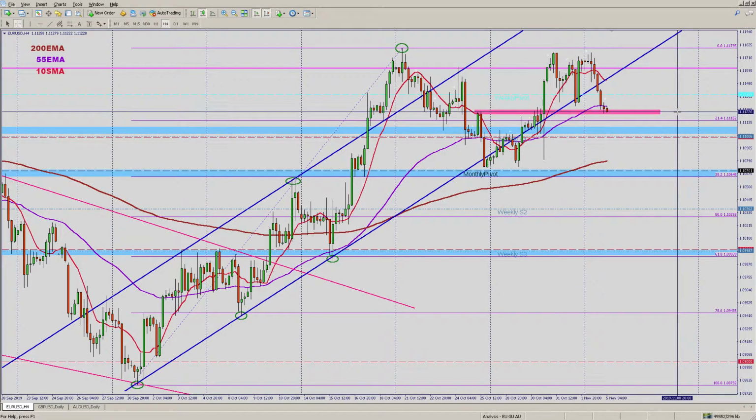That's around the 111.20 area, so there could be further downside momentum towards the next round figure area at the 111.00. So this will be the next key support zone.